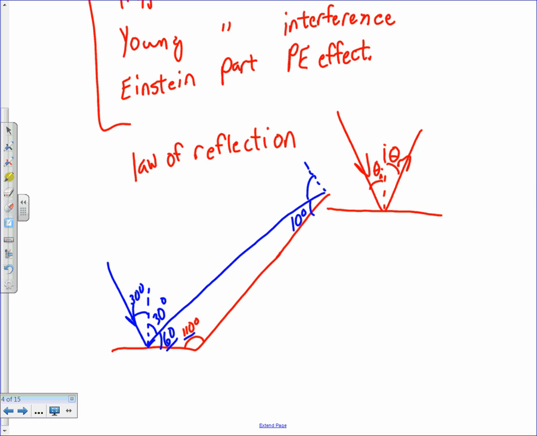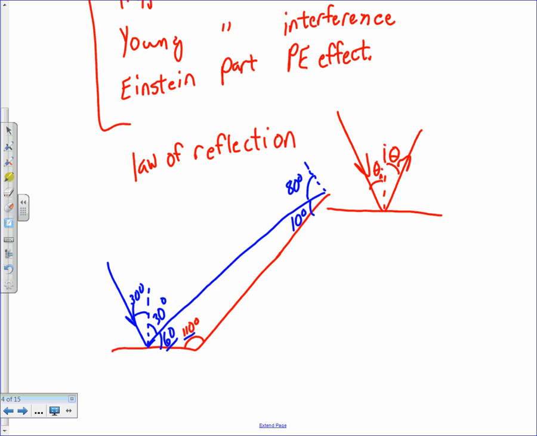That means the incident angle is 80 degrees, and so the reflected angle would be 80 degrees as well. You just need to know your triangles. All the angles add up to 180, and that's it. All right, law of reflection. Those should be easy ones for you, and the history stuff too. They should be pretty straightforward.